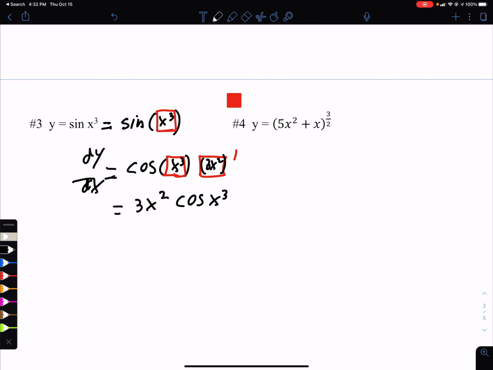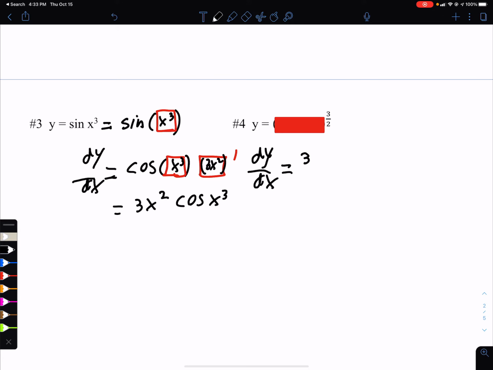So let me make a box for this one. If we look at this one, the inside function is that. It's box to the 3 halves actually. So what's the derivative with respect to x of this?